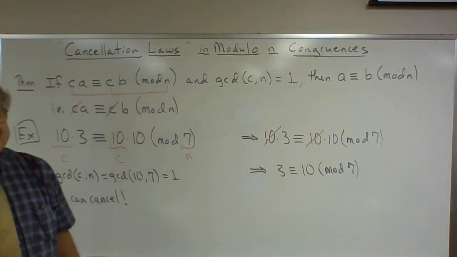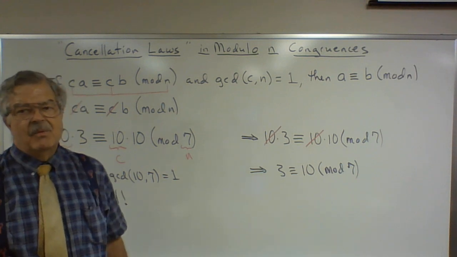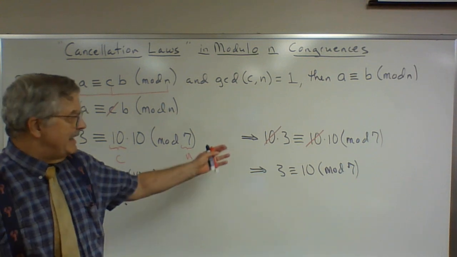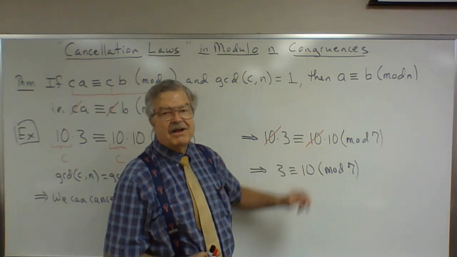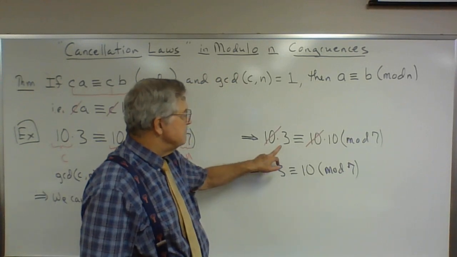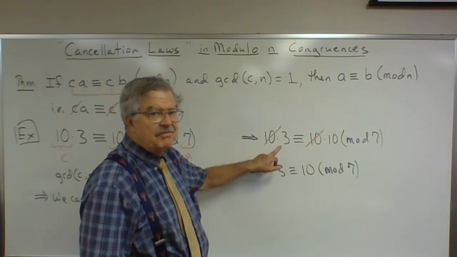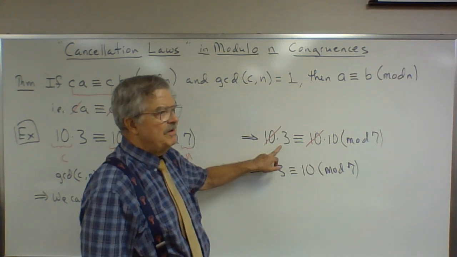Now we could look at that and say, well, we could figure that out without canceling. We could take 30 and 100, and if we divide 30 by 7, we have 4 times 7 is 28, remainder 2.